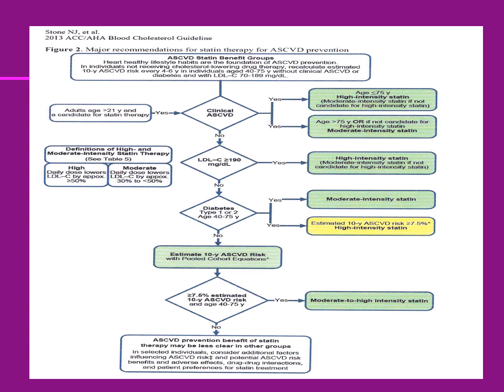Obviously, if somebody has clinical heart disease, they'll also end up on a statin. Most of those people will need to be on a high-intensity statin. If the LDL is greater than 190, even if they don't have a 7.5% risk, they do end up on a high-intensity statin.